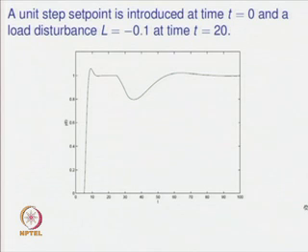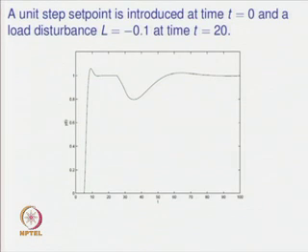Here we see that we have got a quite good, acceptable time response for the closed loop system. Why is it acceptable? If I look carefully at the plot, the overshoot is not beyond 10%, it is rather quite low.